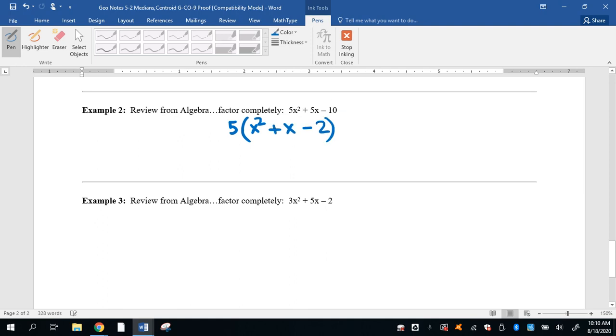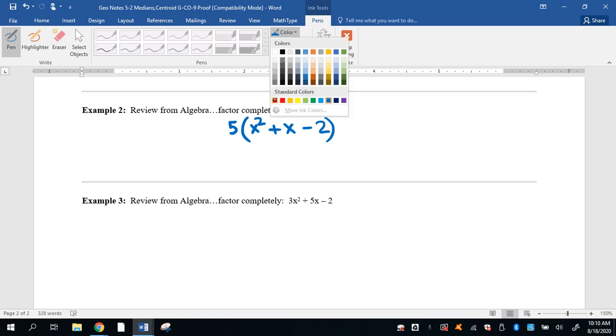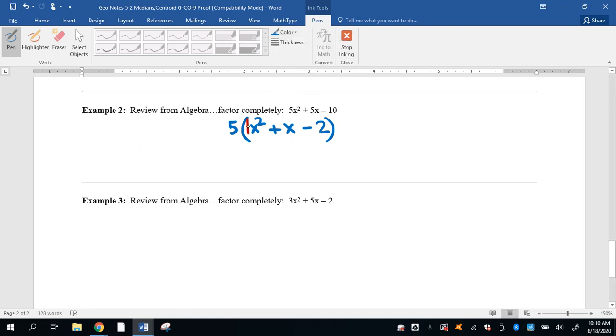Next step, because this is a trinomial in parentheses and the leading coefficient is 1, I'm looking for two numbers that multiply to get -2 and add to get the coefficient of the x, which is 1. So let's go ahead and write out those factors of -2.